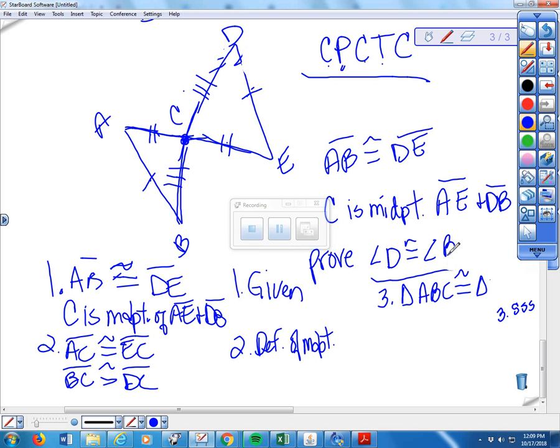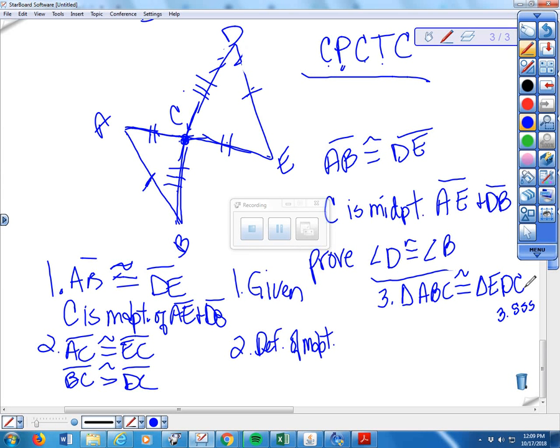If I say A, B, C, I'm going from the side with 1 to the side with 3. So it's A, C, B? So it should go E, D, C. Everybody see why?